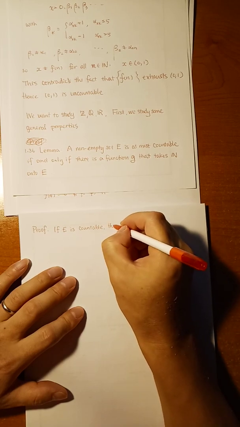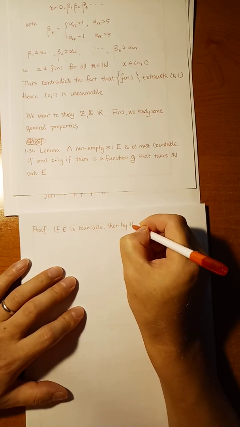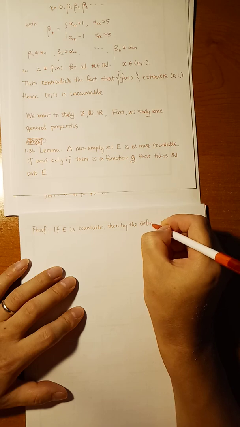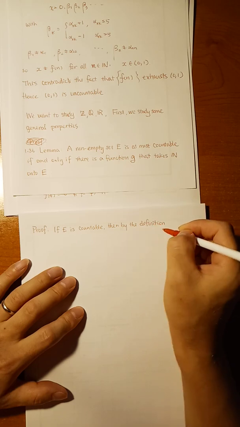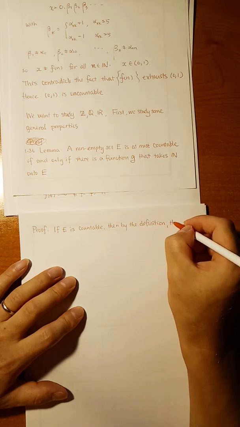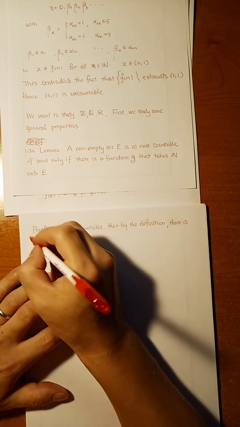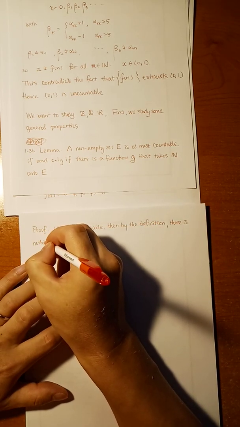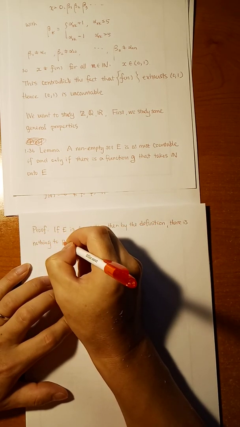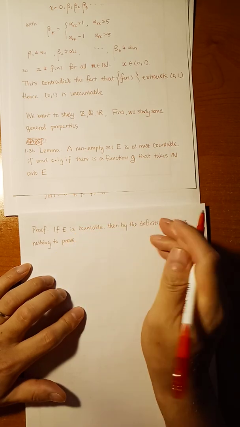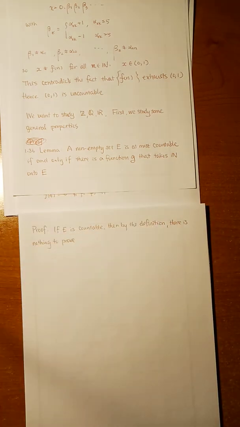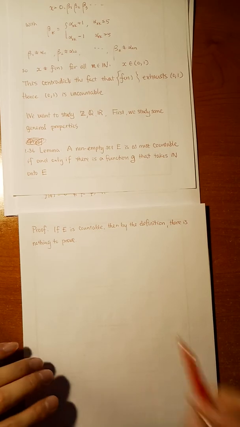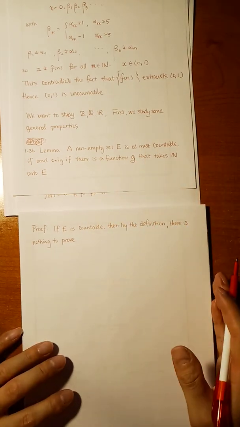Then by the definition, there's nothing to prove, because in the definition you do have such a function g. Actually, it's even stronger, it is a one-to-one function, but here I don't care whether it is one-to-one or not.